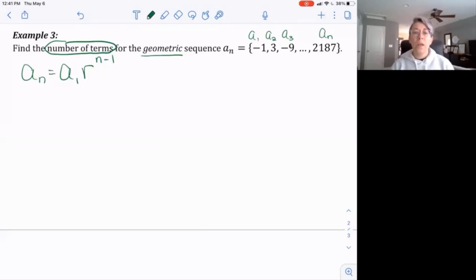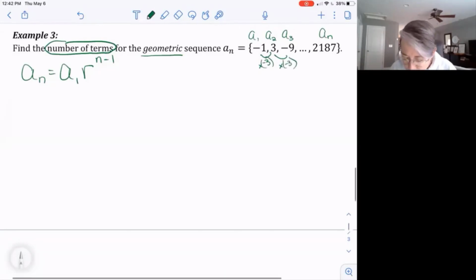In other words, which term is the 2,187? It would be helpful if we knew what the r was. Well, given that it's geometric, we only have to check once. You might be able to tell multiplying the -1 times what would give us a +3? -3. So here times here, if we multiply by a -3, from here to here, if we multiplied by a -3, and we can also check it.